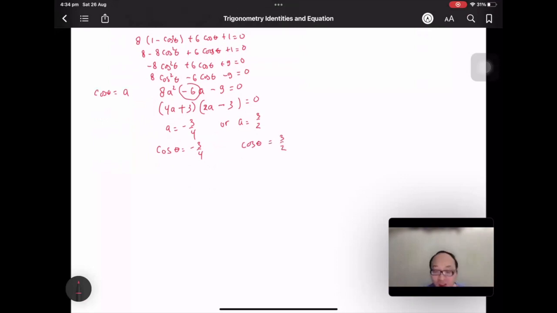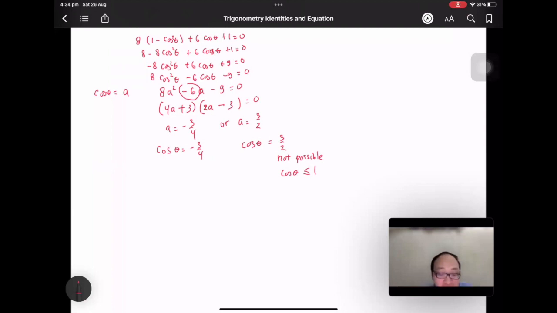This value is not possible, since cos theta maximum is 1. Cos cannot be greater than 1, so that's not possible for the second answer.